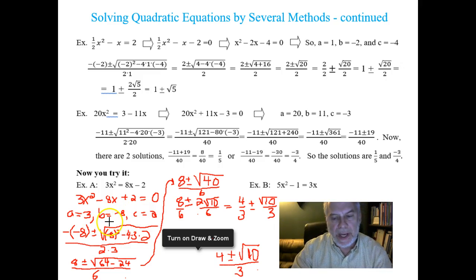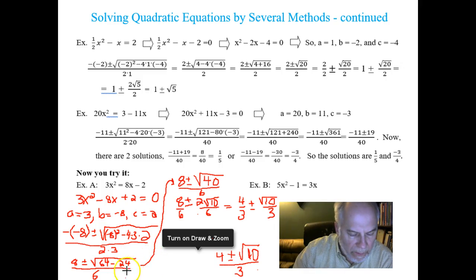So I have negative b, but b is already negative, so it's negative of a negative. So you're going to have negative negative 8 plus or minus the square root of negative 8 squared minus 4 times a, which is 3, times c, which is 2, all over 2 times a, which is 3.